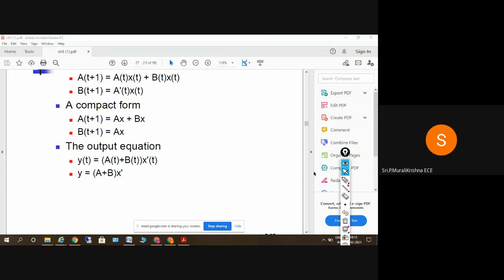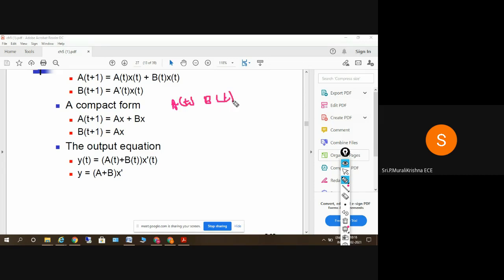The state table should consist of all these things. What are those things? The present states, which are nothing but A of t generally, so A of t and B of t.